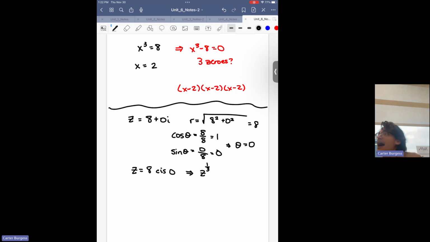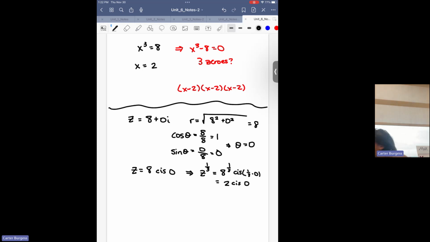So raising our complex number to the power of 1/3, we get that this should be 8 to the 1/3, cis of 1/3 times 0. This is 2 cis of 0, where cosine of 0 is 1.